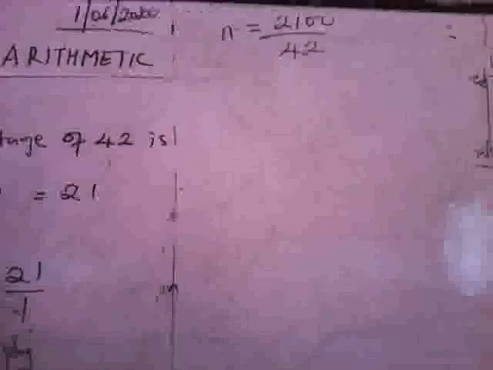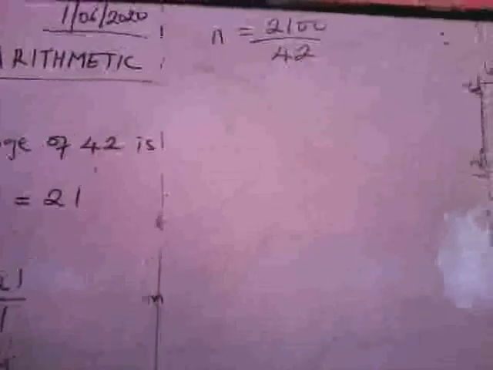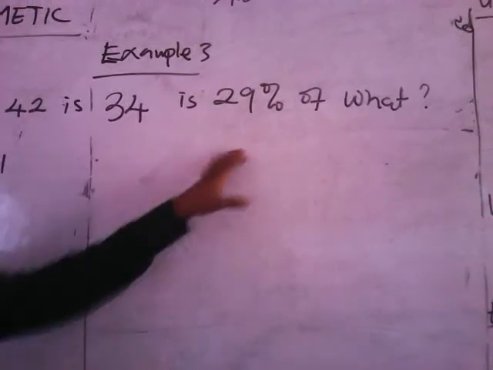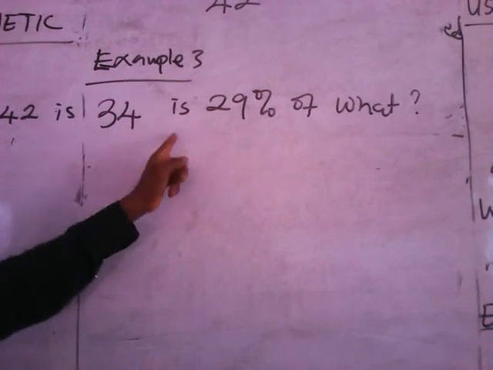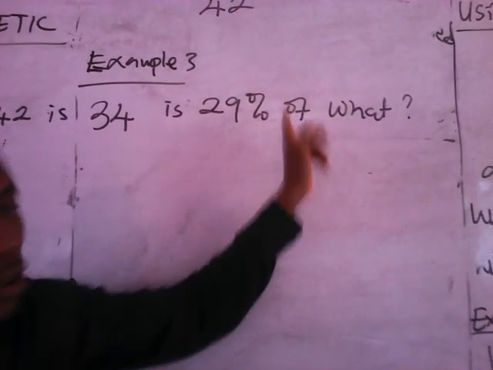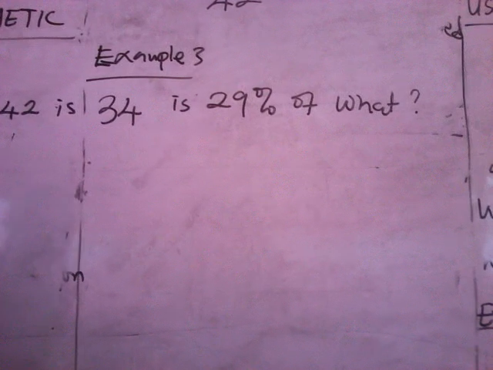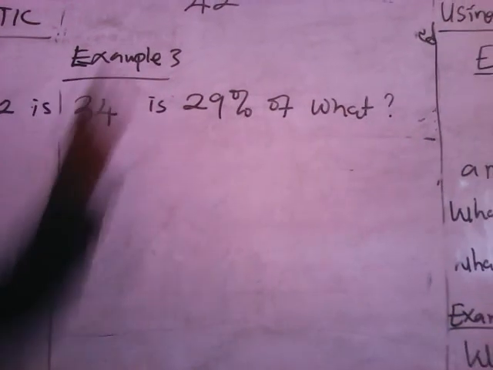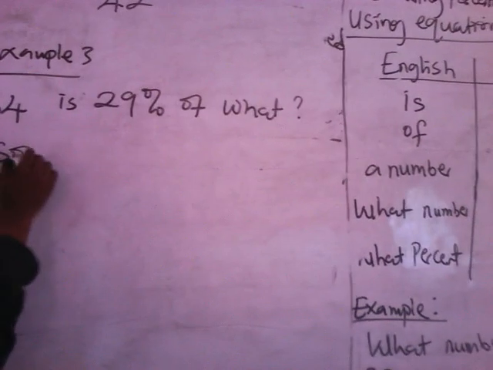And the last example I will give is another example: 34 is 29% of what? 34 is 29% of what? So what it means is that 34, so let me write solution.